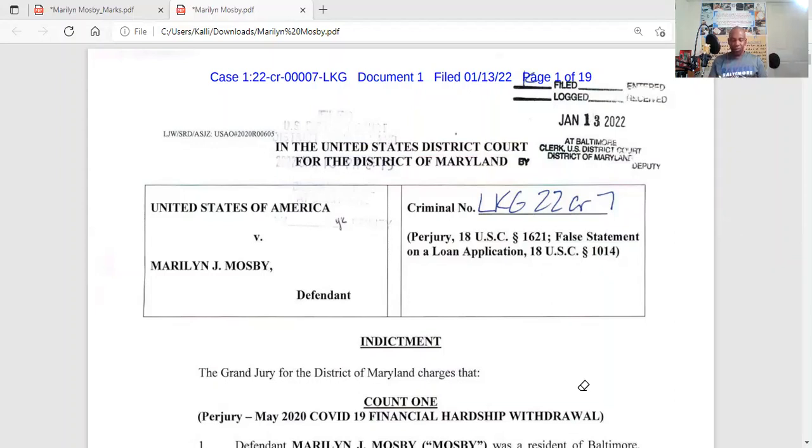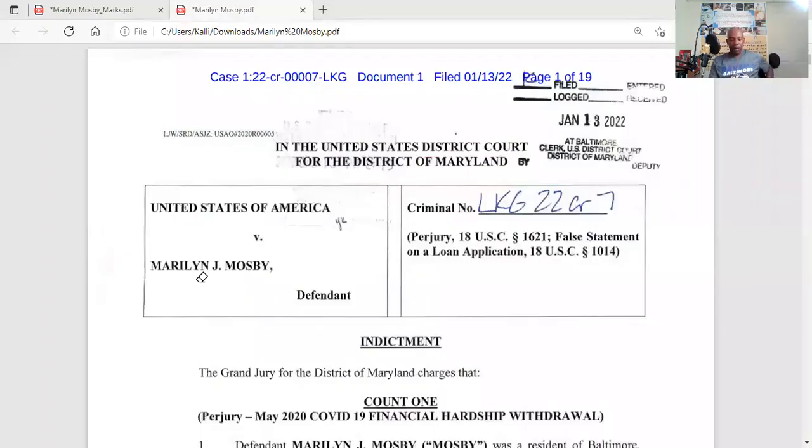As you can see on your screen, this is the indictment, so-called indictment.